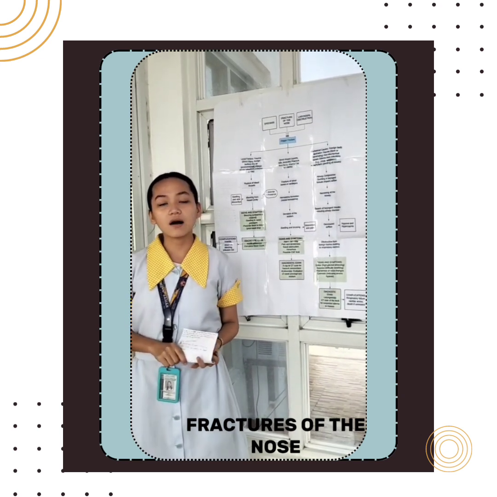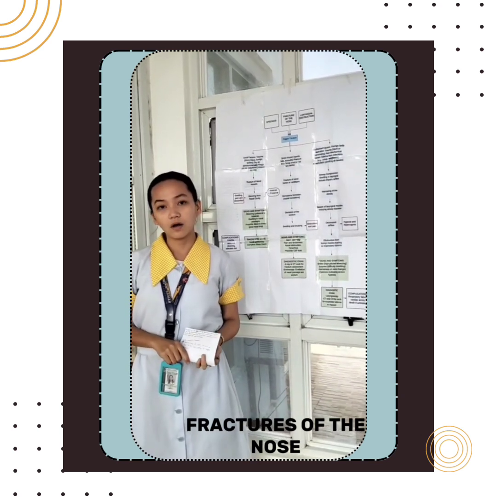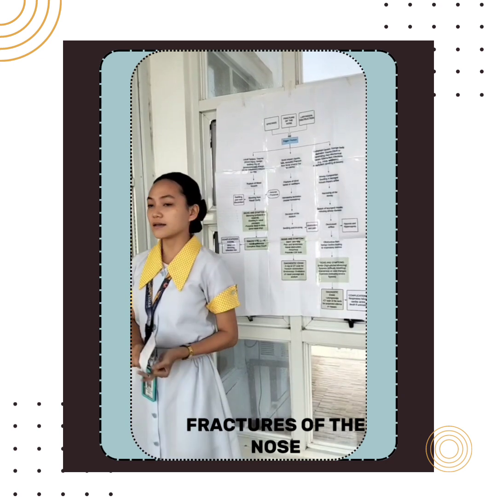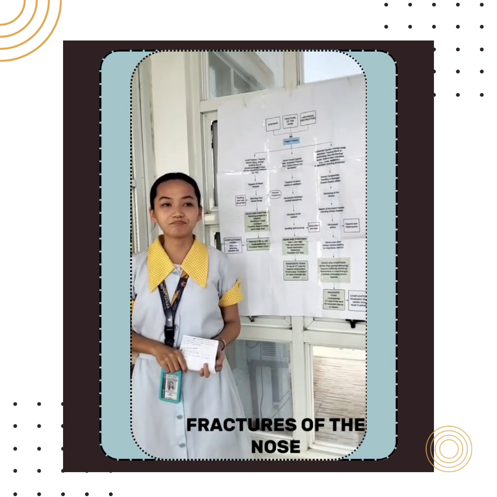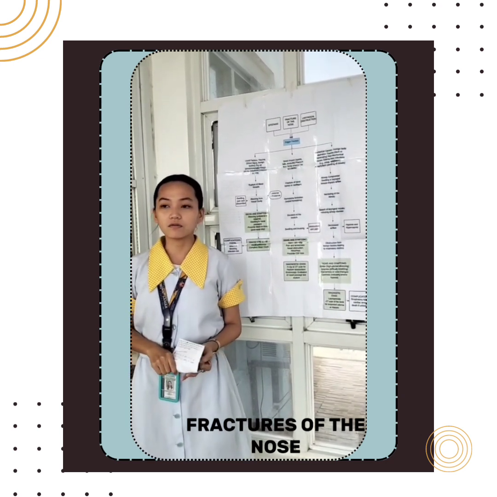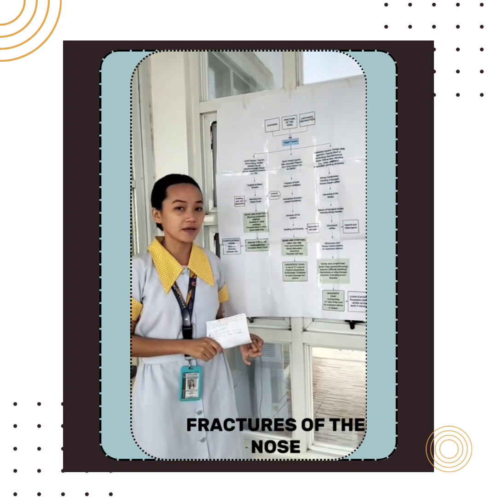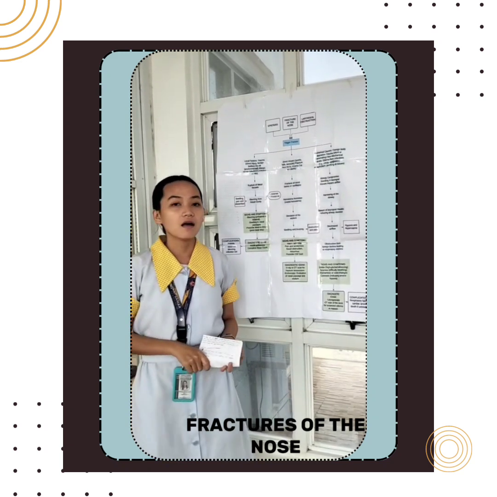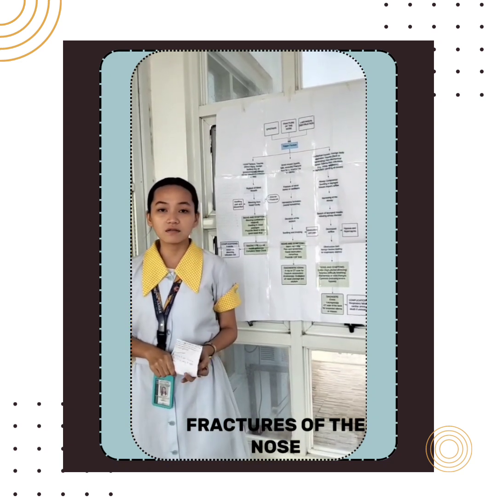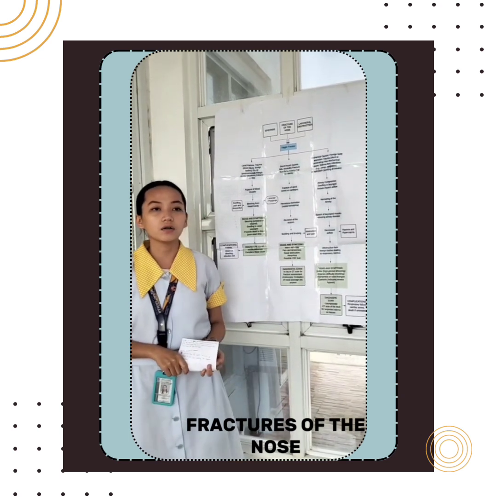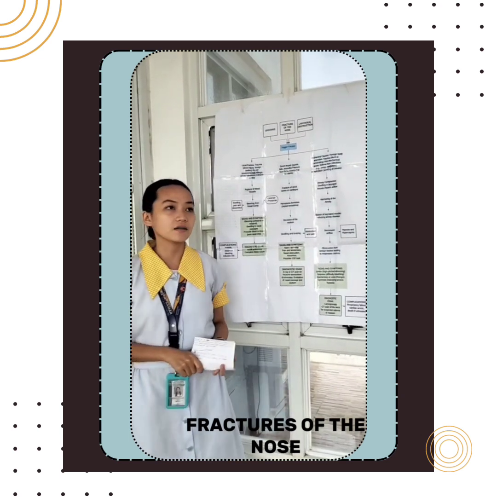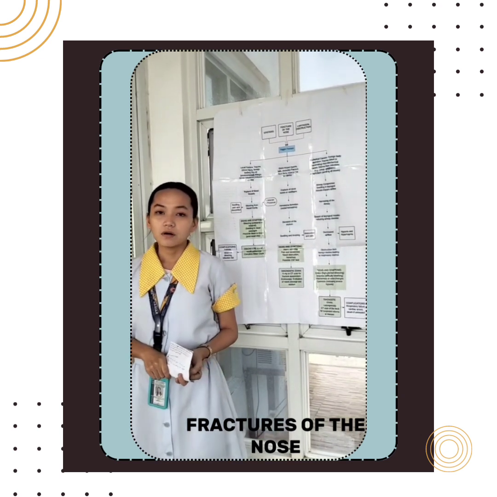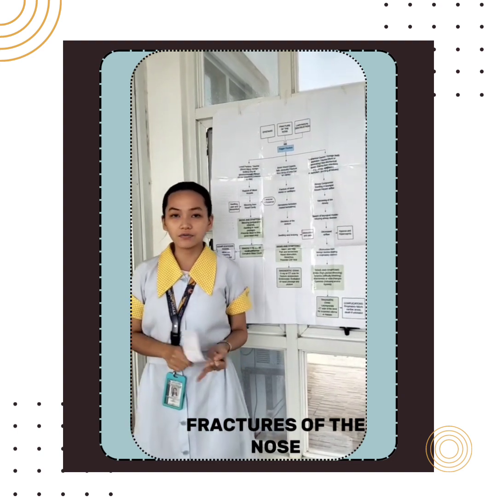And second, we have a sideways blow. It is a hit at the side of our nose, and it causes the bones of our nose to shift out of place or be displaced, and it can also twist or buckle the cartilage inside, making it hard to fix.